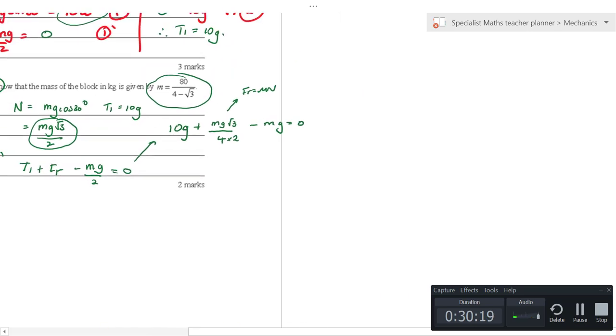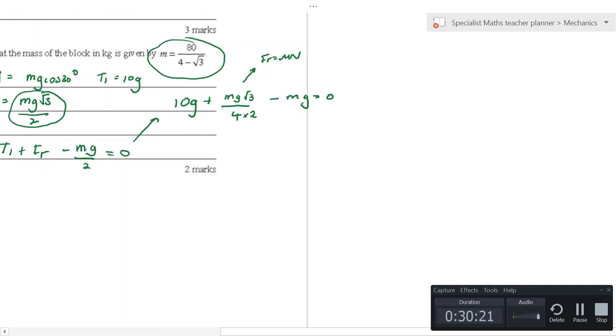A lot of students didn't do very well in this because they just get too muddled. The only thing that we don't know is m. So I'm going to get m out as a common factor, and I'm also going to get g out as a common factor.